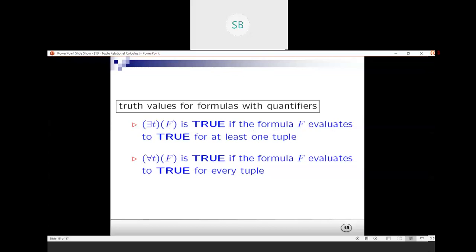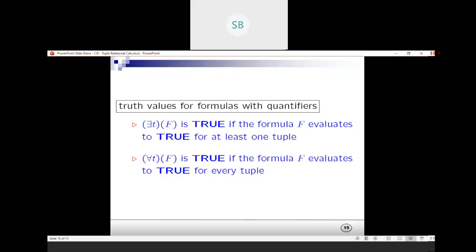So if any one of the tuples is true, the entire formula will be true. But the for all symbol is true only if the formula evaluates to true for all tuples. If all the tuples are true, then only it will be true. For the existential case, if any one of the tuples is true, it can be true.